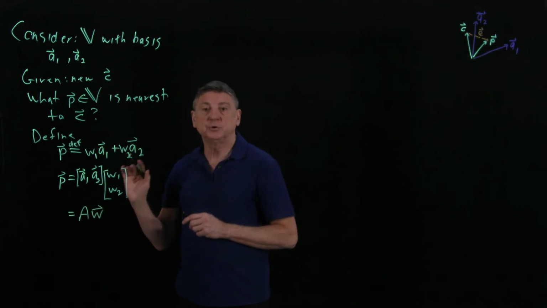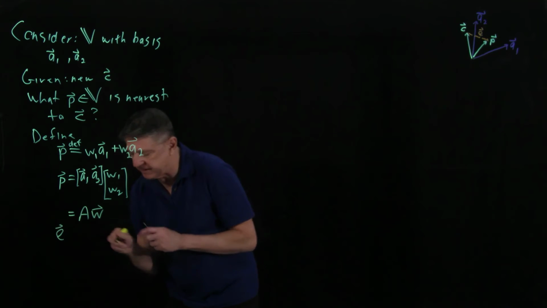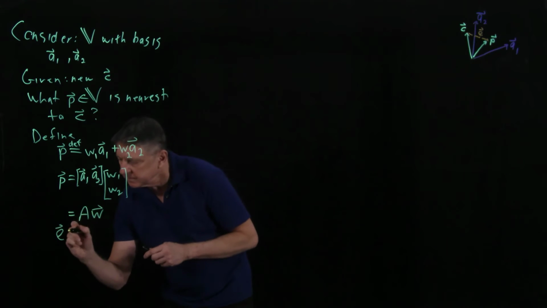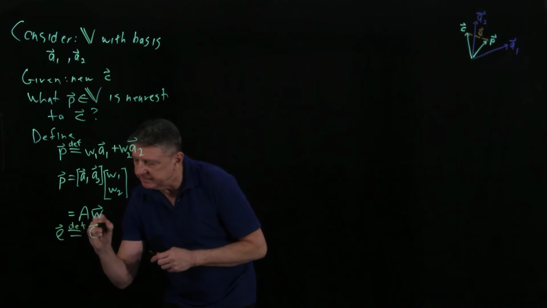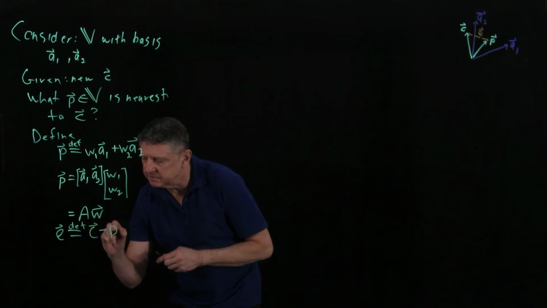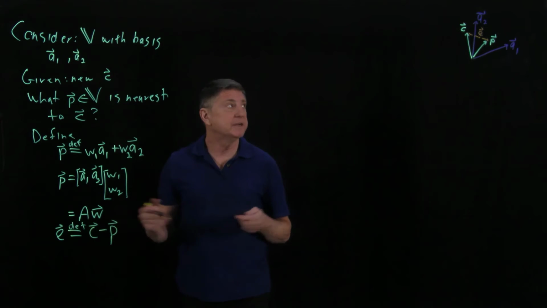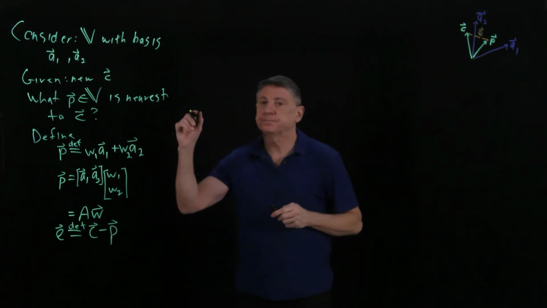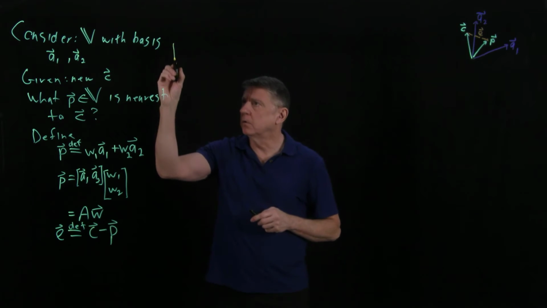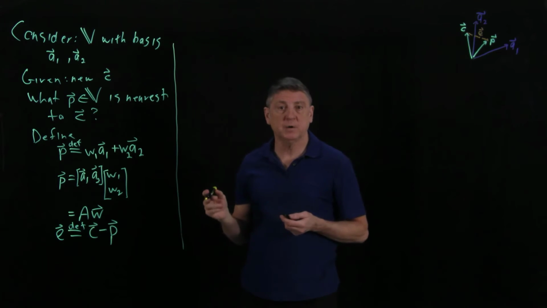And then I'll do the same thing as before. I'll define my error vector as being the given vector C minus the vector P. That is as we did in one dimension, and that corresponds to our diagram. So now what do we have? Now we have this requirement.